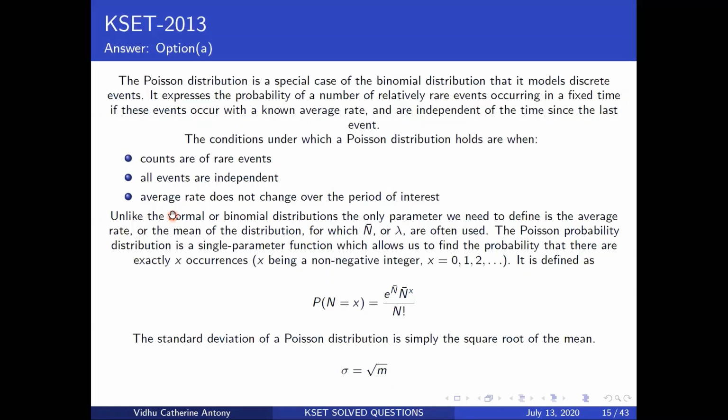That's the only parameter, unlike the normal, which is the Gaussian, and the binomial distributions. So here you only have to look at n bar, the mean of the distribution, which can also be written as lambda sometimes. So this can be written as e power minus lambda, lambda power x divided by n factorial. This is the distribution. Now, when you do the derivation, you'll end up getting this.